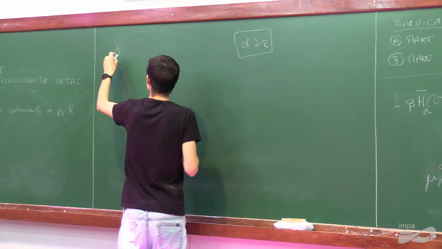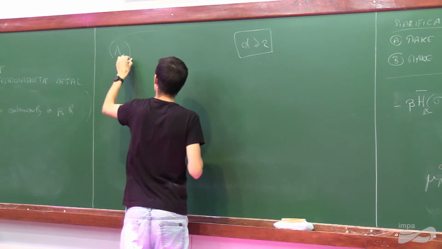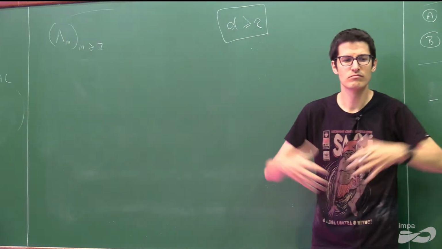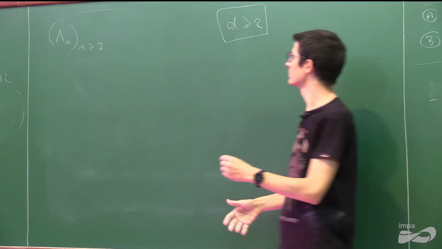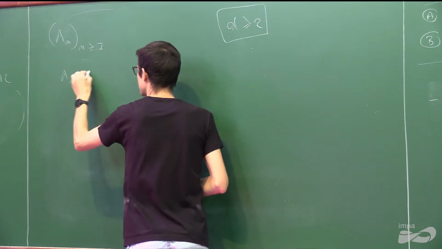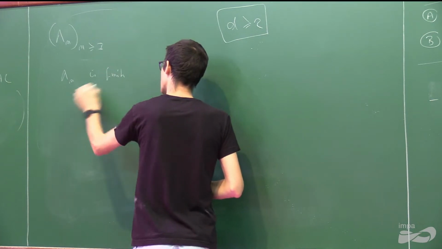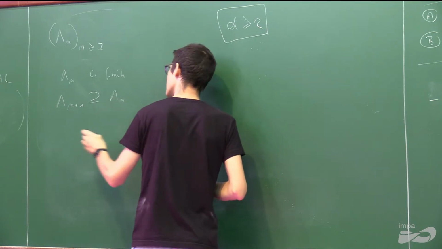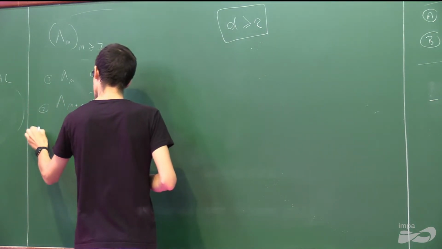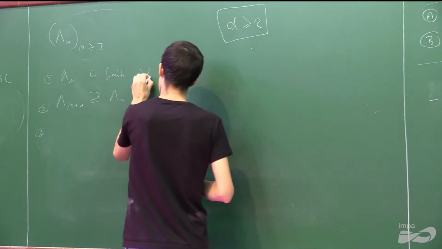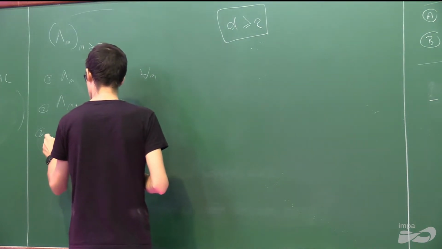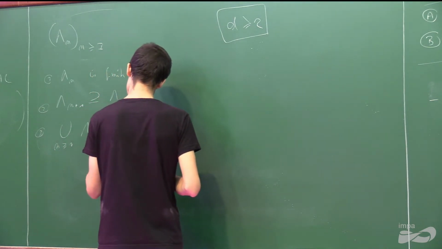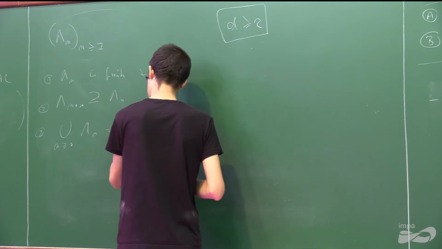We want to consider a sequence of boxes that grows to be the whole Z^d. So what we want is, one, that lambda n is finite, two, that lambda n plus 1 includes lambda n, and three, that the union over all lambda n is equal to Z^d.